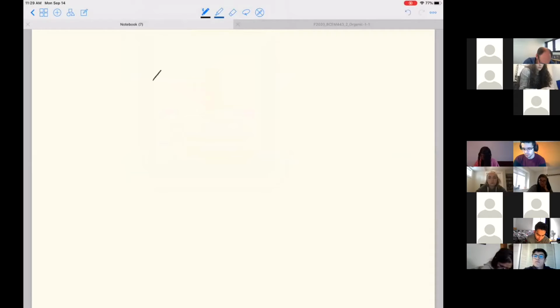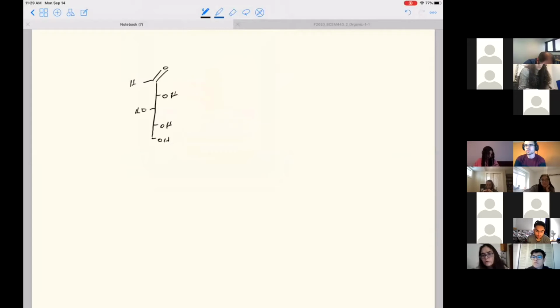So for the things we're talking about, when you see an aldehyde, this is our glucose, right? Let me see, did I get that right? 1, 2, 3, 4, 5, nope. Then it has 1 at the end.